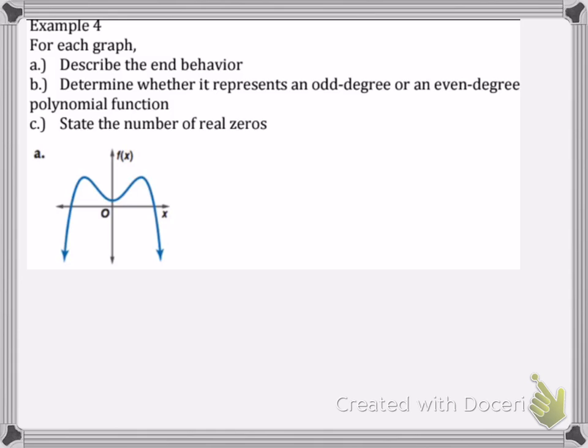For each graph, describe the end behavior to determine whether it represents an odd degree or an even degree. State the number of real zeros. So, describe the end behavior. They both fall.